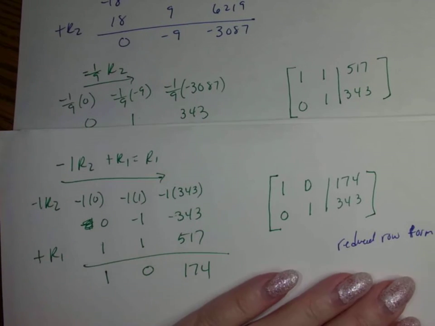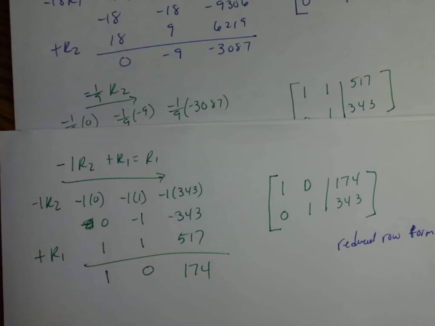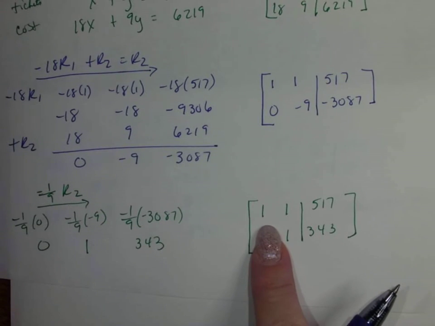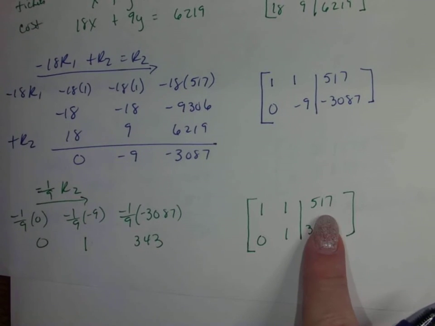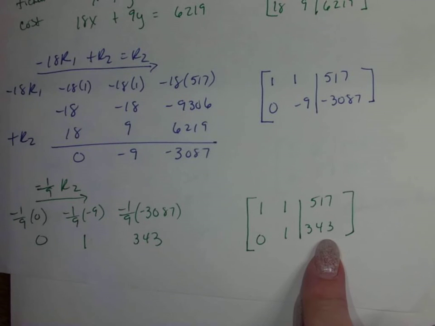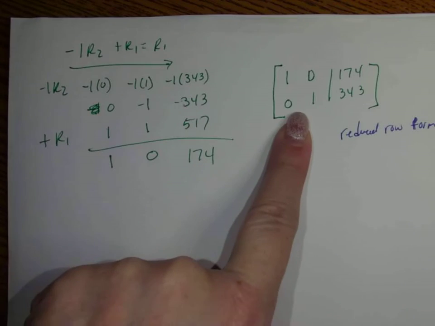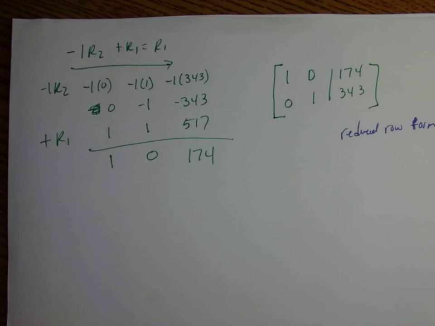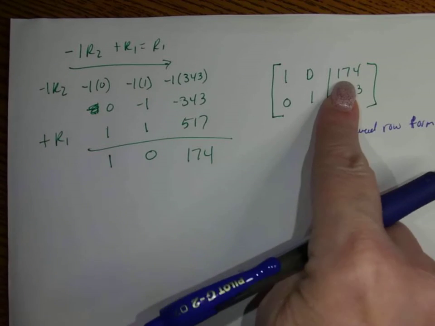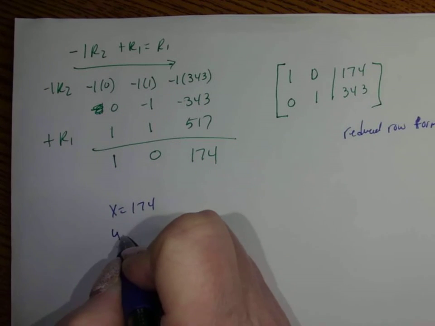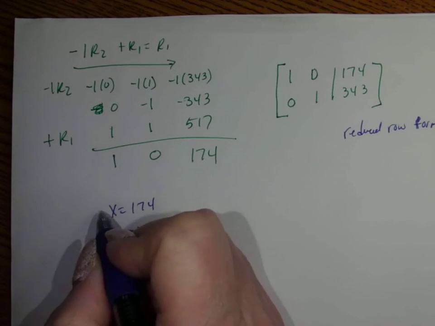All right, now that we have it in that way, our system becomes a little bit simpler. If we had written this one like I discussed, this would be x plus y equals 517, and this would be y equals 343. But this system, when you write it off of here, will be x equals 174 and y equals 343.